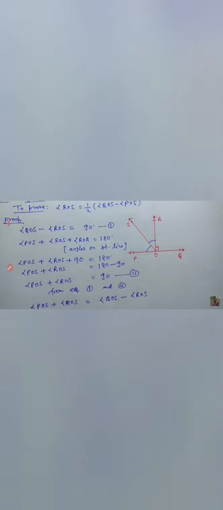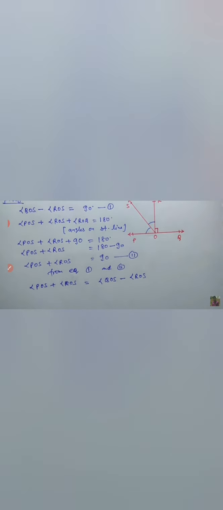Then see here, both having ROS term, so let ROS be transposed to one side, and QOS, because here it is plus, then going to another side it becomes minus.